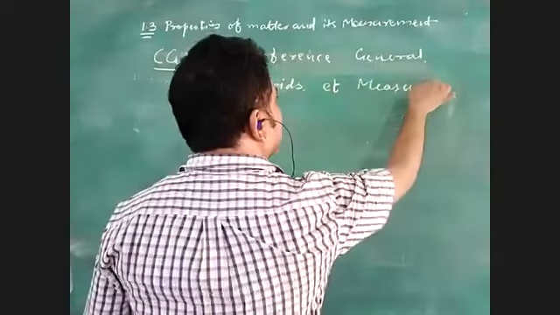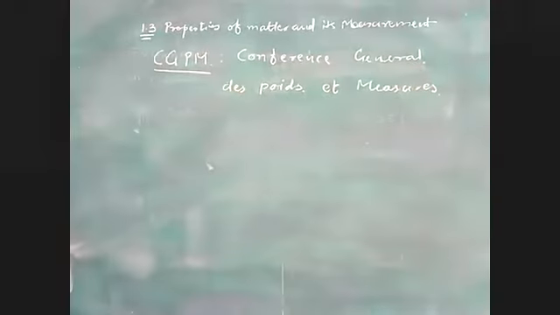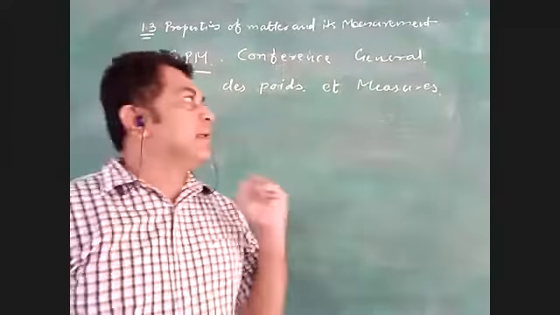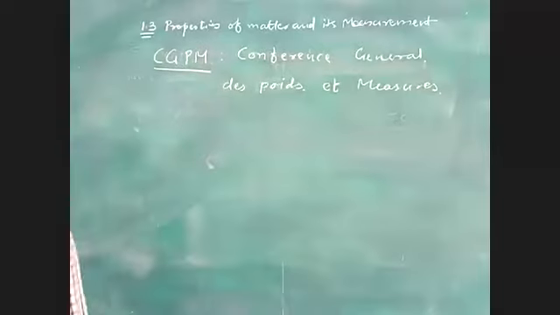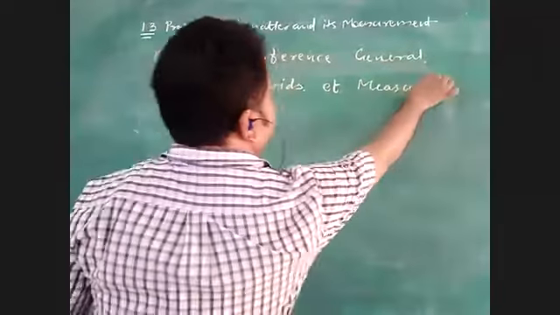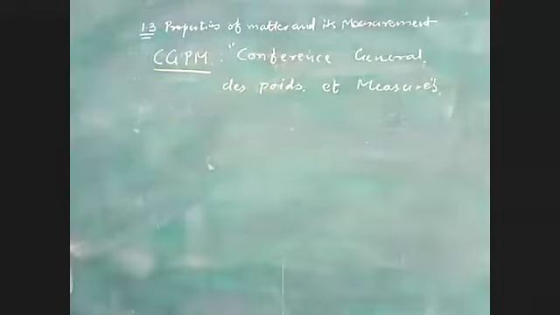So this is the full form of CGPM. CGPM units means its full form becomes the Conference General des Points and Measures. Okay, so that you can remember, this is the full form of CGPM, and they have developed the unit system.